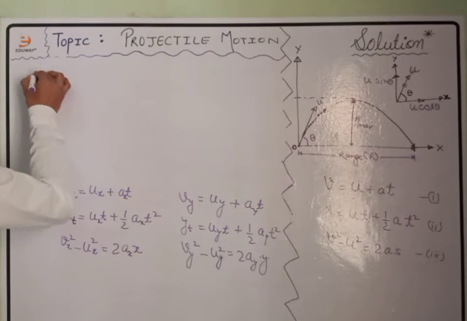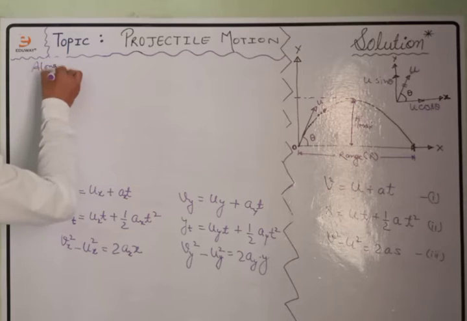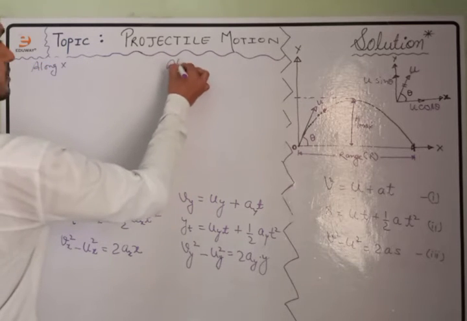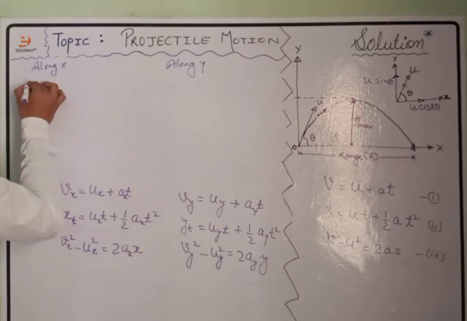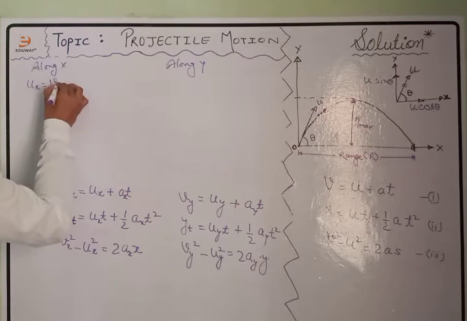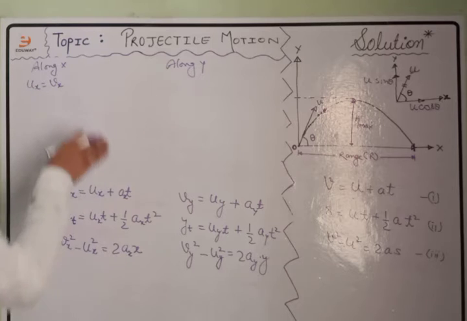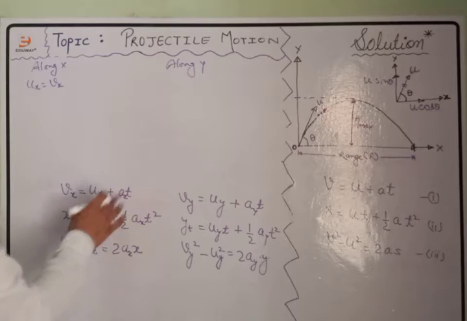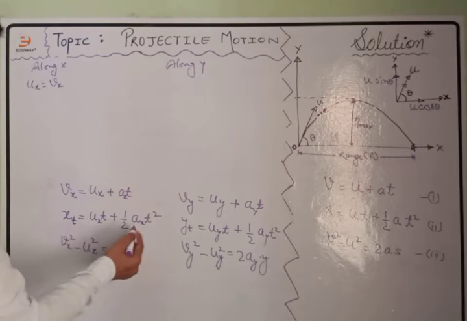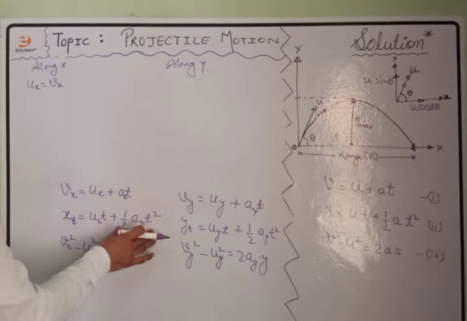That is, the velocity component along the x direction does not change, so this equation is redundant now.